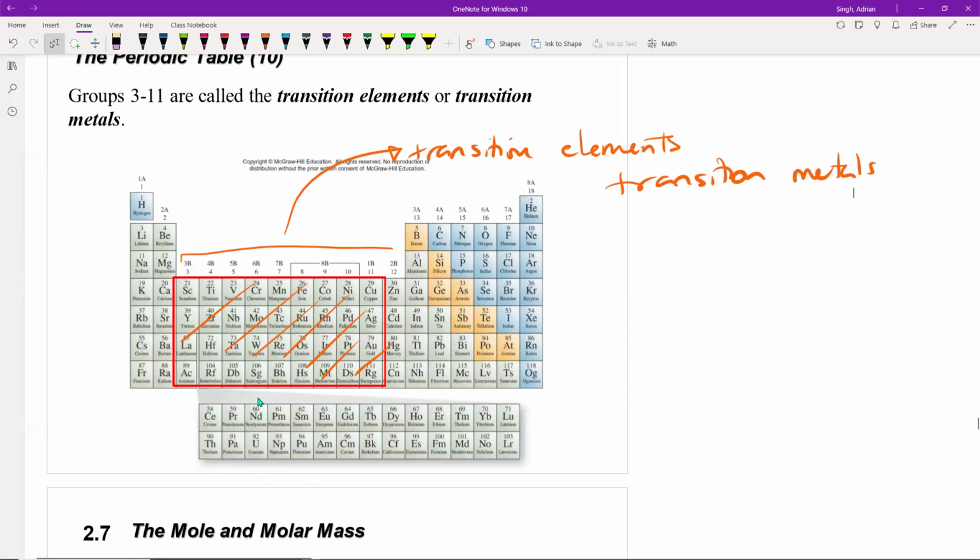And then you're probably wondering, we didn't really talk about any of this part of the table before, but there are two rows that are kind of down here on their own at the bottom, right? These are known as inner transition elements.